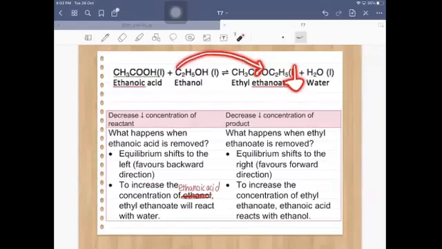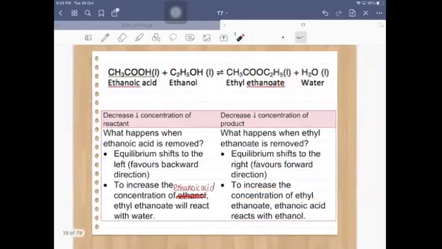That's the idea of Le Chatelier's principle. Okay, so in explanation, equilibrium shifts to the right, which is favoring the forward reaction. The reason for this shift is to increase the concentration of the ethyl ethanoate that was being removed earlier on.